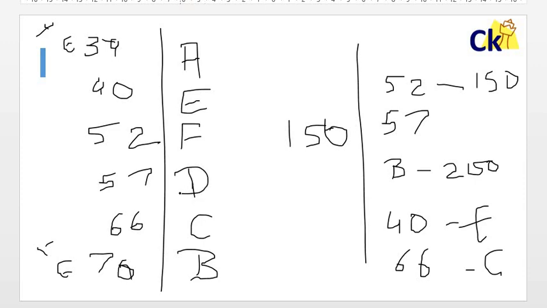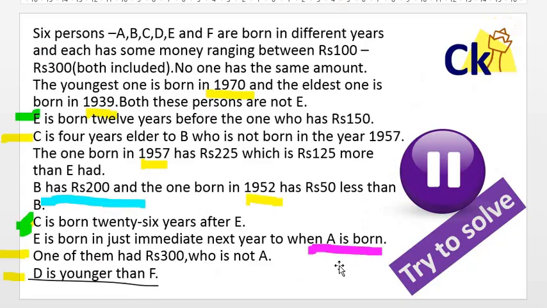Okay, now let's get the amount. So from here we can figure out that B has 200 rupees. The person born, we have already mentioned it. Now let's get back to the table again. Now what we can see is over here, E was born before, we have mentioned this amount 150.